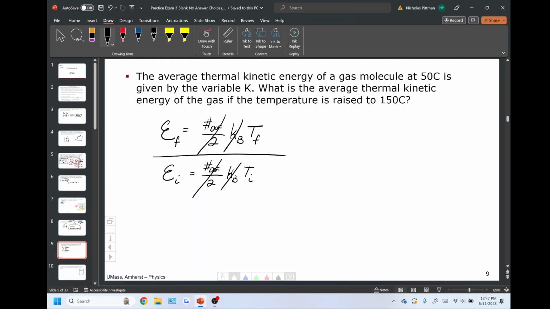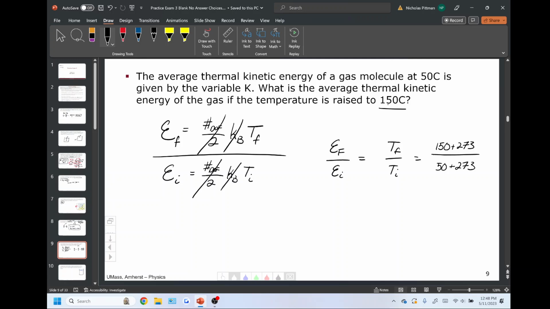Boltzmann constant cancels. So what you get is E final over E initial equals T final over T initial. Okay, T final, the temperature has been raised to 150 Celsius, which needs to be converted to Kelvin. And the initial temperature was 50 Celsius.